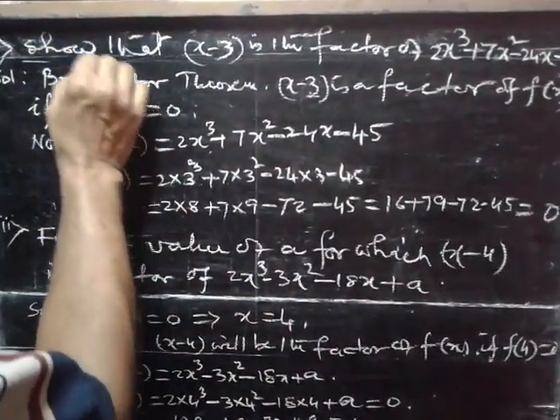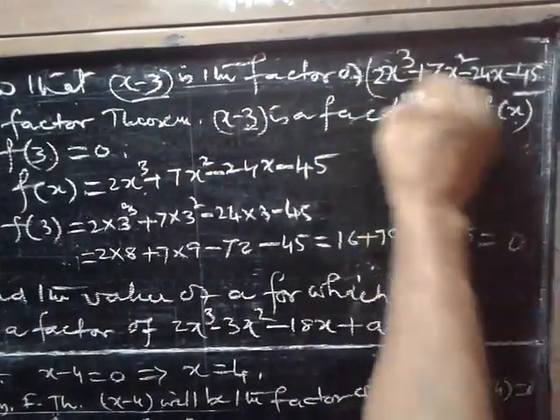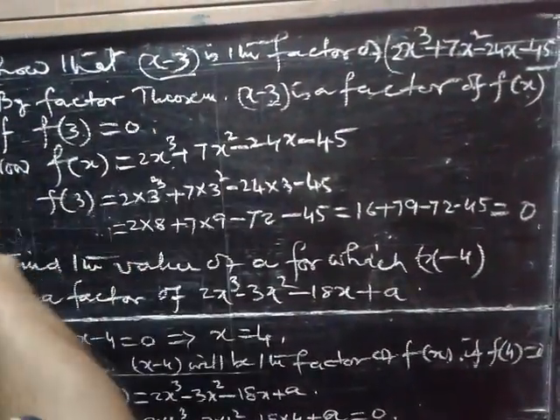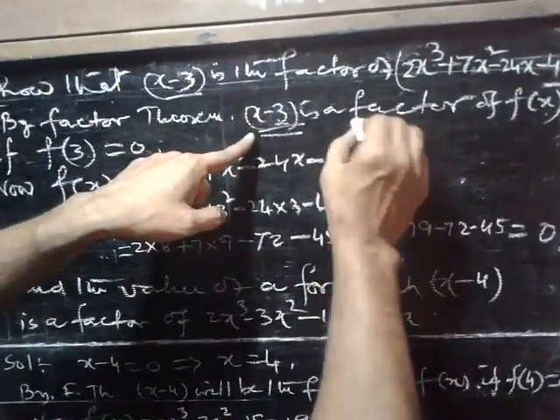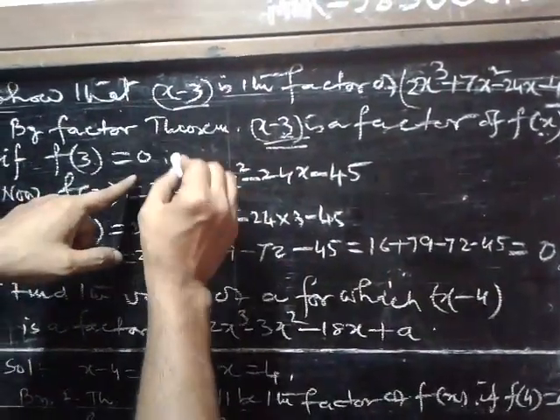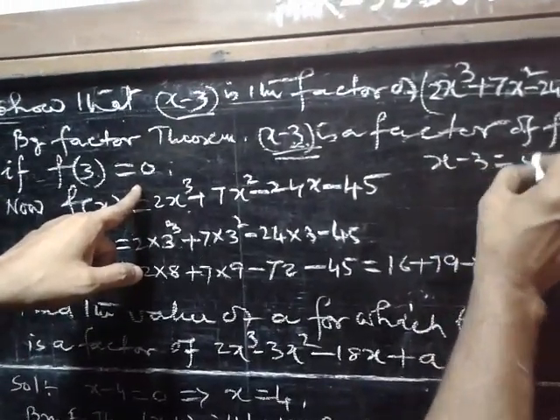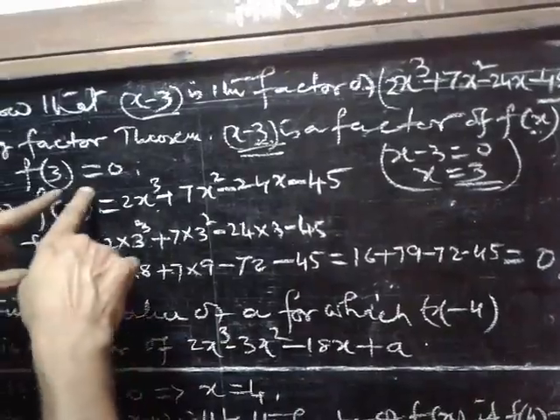Suppose the problem is given: show that x minus 3 is a factor of this polynomial. See here, by the factor theorem, if this is a factor of this f(x), then, if you put x minus 3 equal to 0, that is x equal to 3, then f(3) must be 0.